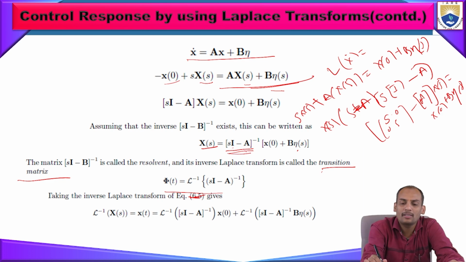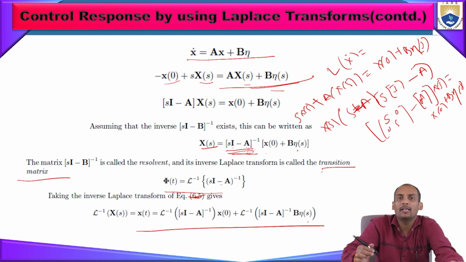For this only, we are substituting this L inverse of sI minus a inverse here, and multiplying with beta eta of s. Then that whole equation will be like that.